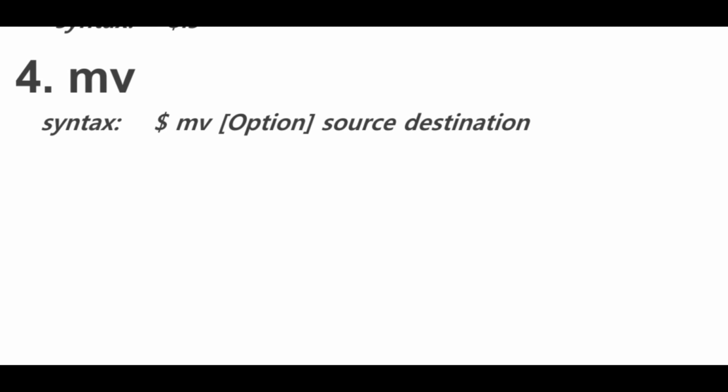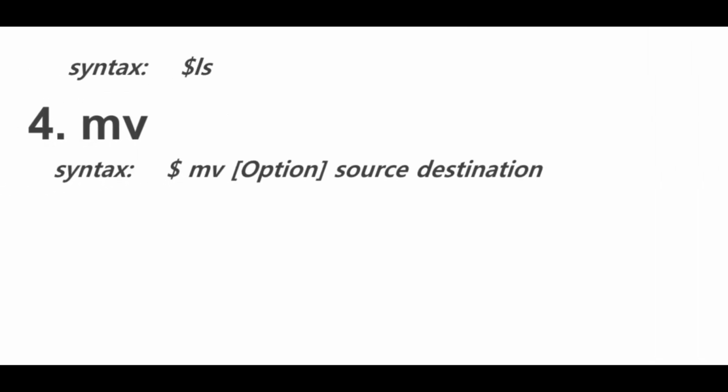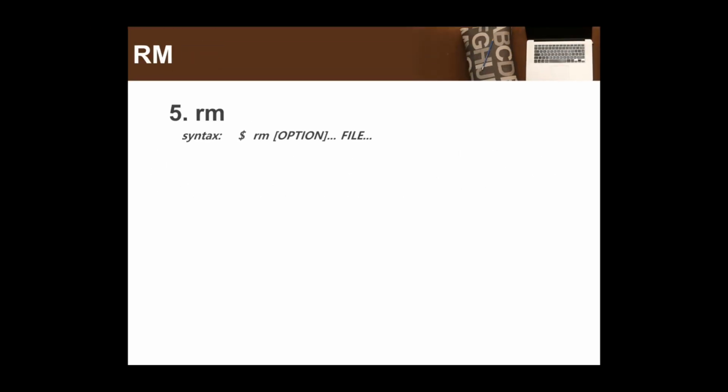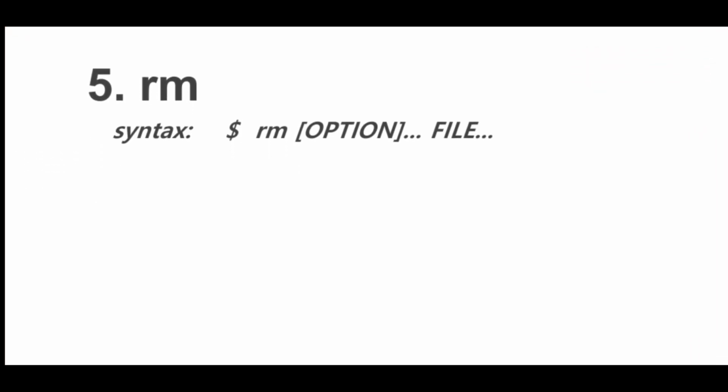For the time being, we will just do mv without options, because it would be cumbersome to understand everything at a time. You need to specify your source, that is the file name, and the destination file name or directory name.